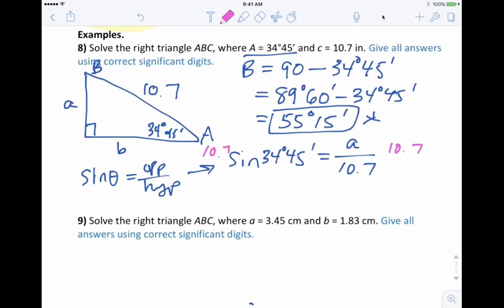So a is going to be equal to 10.7 times the sine of 34 degrees, 45 minutes. All right, and then that's when I'm going to jump to my calculator to attempt that.